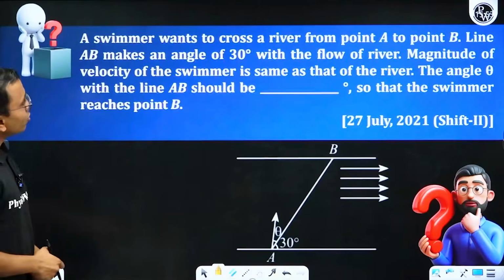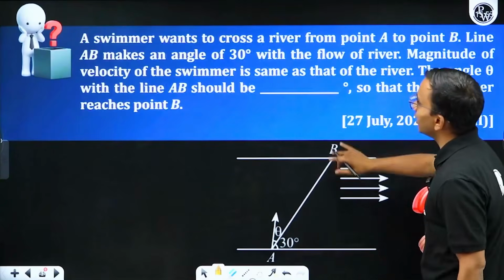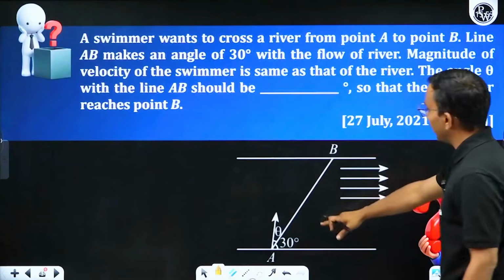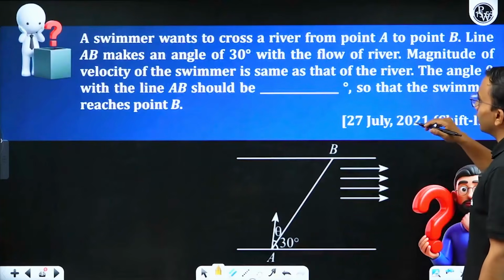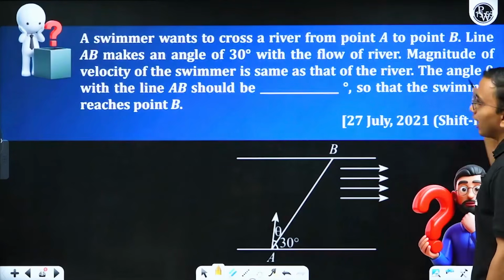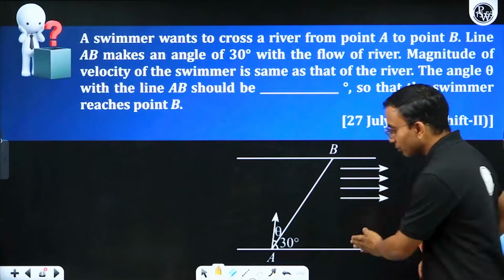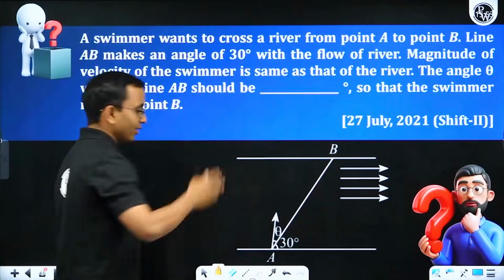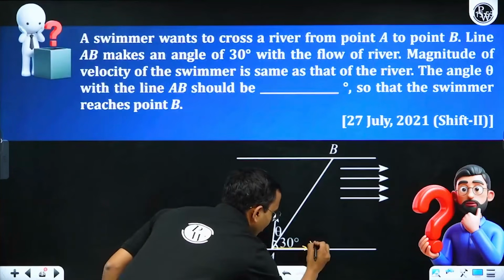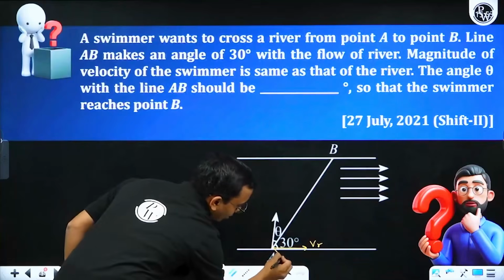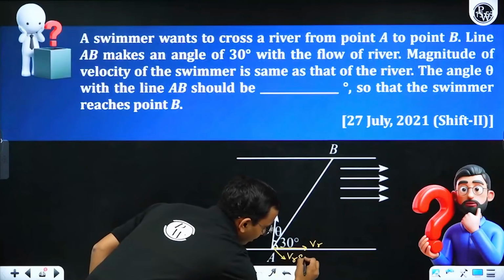A swimmer wants to cross the river from A to B, making an angle of 30 degrees, this AB is making with the flow. The magnitude of velocity of the swimmer is the same as that of the river. The angle theta should be? Now, how to find this theta? The component of velocity perpendicular to this line AB should cancel. This is velocity of river. The perpendicular component of velocity of river is V river sin 30.